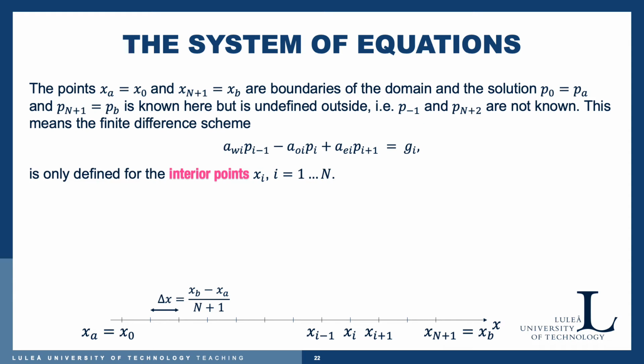Now the points x_0 and x_{n+1} sit on the boundaries of the domain, where we know the solution P, but the solution outside that is undefined. This means that this finite difference scheme for the pressure is only defined for the interior points x_i, so for i equal 1 to n.